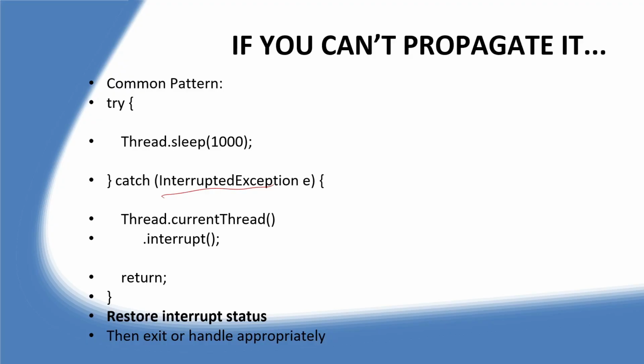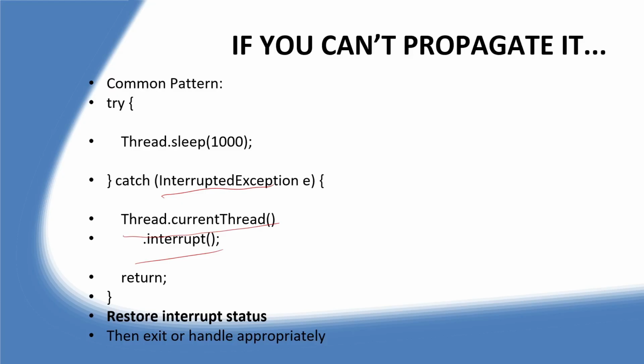In those situations, a common pattern is to restore the thread's interrupt status using the Thread.currentThread().interrupt() method. Then your code can stop its work, return, perform cleanup, or otherwise respond appropriately.